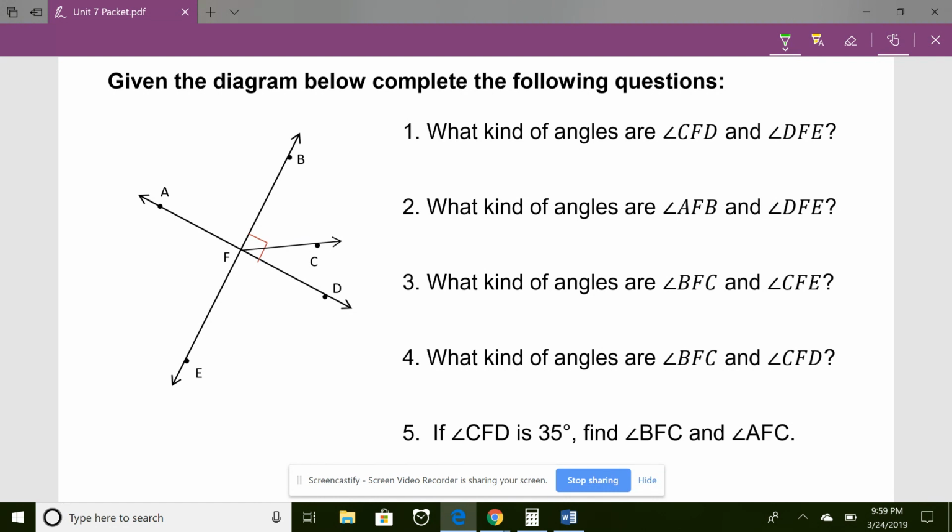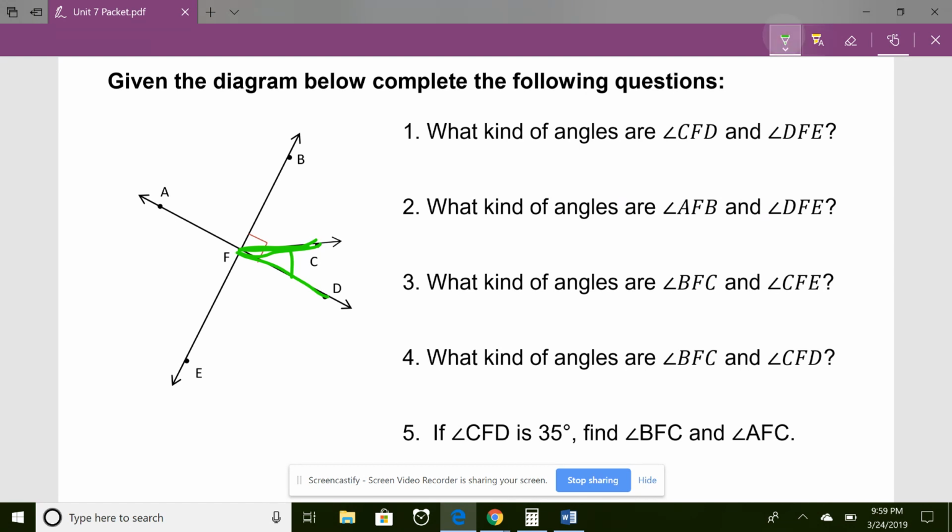Now we have to remember it's important that an angle is defined basically on the center point. So the angle CFD is exactly in that respective order, CFD, this angle right here. F is the center point, and that's how you define the angle, by using the center point.